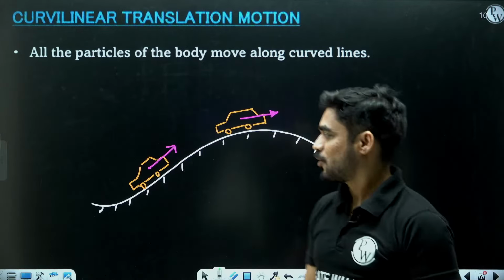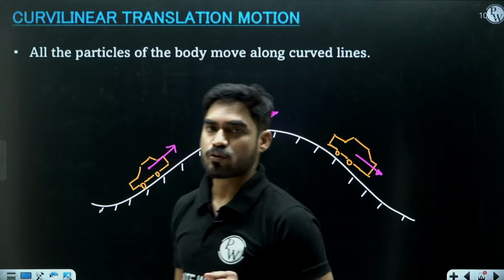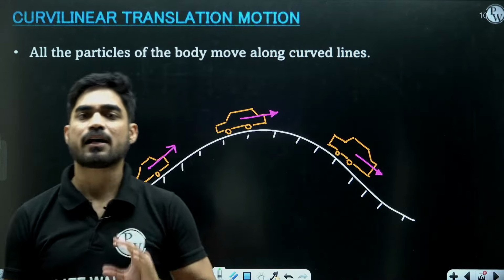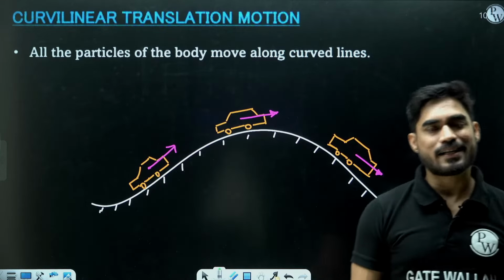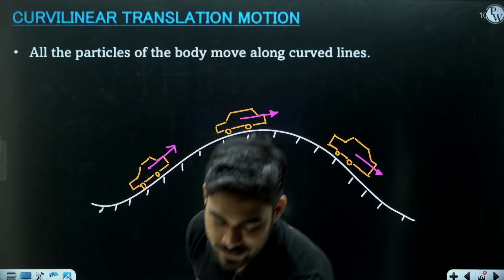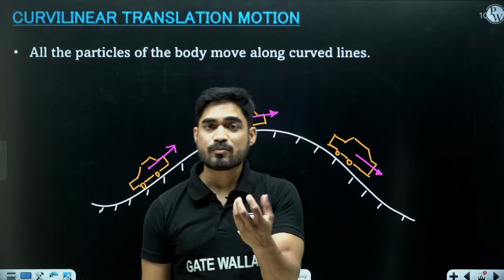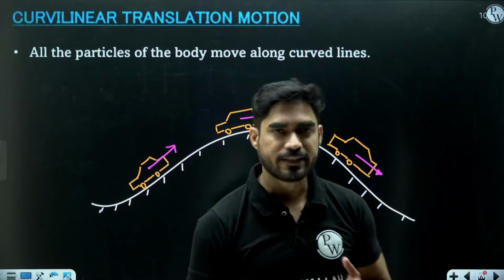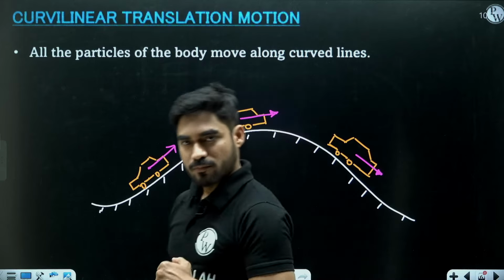Now in case of rectilinear translational motion, we have defined our motion variables. Now in curvilinear translational motion also we need to define our motion variables, because whatever equation we are going to use, they will be in terms of motion variables only, right? So we need to first define the motion variables.